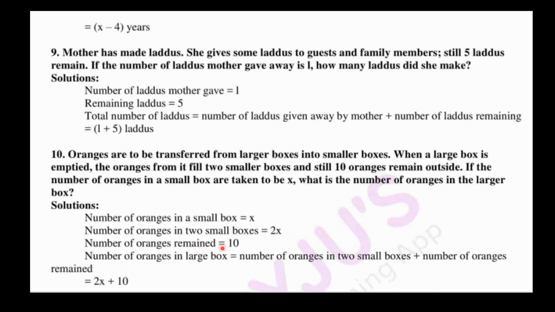The number of oranges in 2 boxes will be 2x then. But still 10 oranges will remain. So how many oranges will be in the larger box? 2x plus 10, because they told us 2 small boxes were filled and still 10 oranges were left. So 2x plus 10.